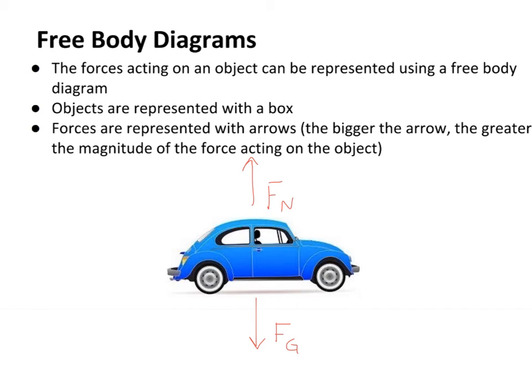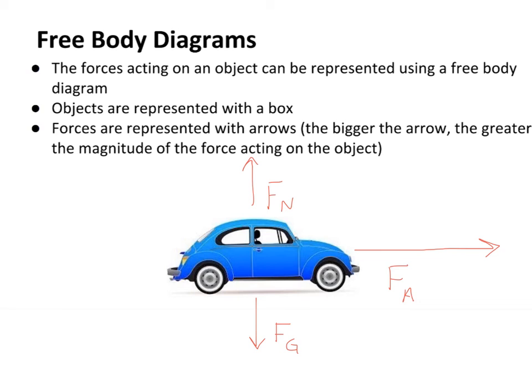Now, this car is in motion. The engine turns the wheels, and the traction of the wheels against the road propel it forward. So let's draw a large arrow to represent the applied force, and we'll use subscript A for applied. Now, notice that the applied force is larger than the force of gravity or the force provided by the road, the normal force.